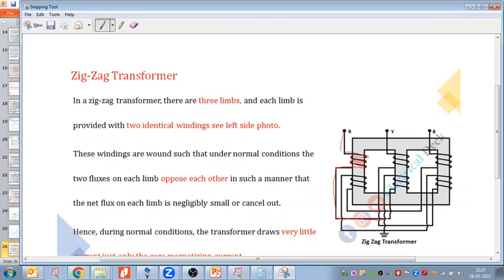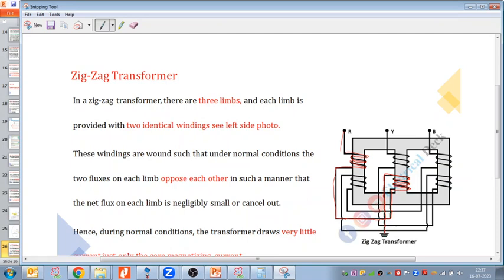So it is now going to connect with another limb. It goes over here, again connected, going back, coming front, going back, coming front, and then finally the last point is going to connect with the neutral, right?